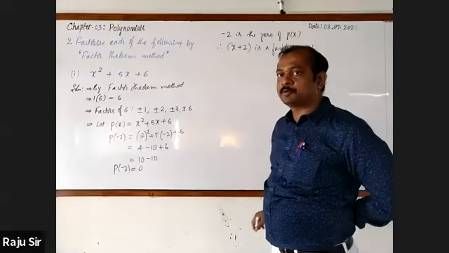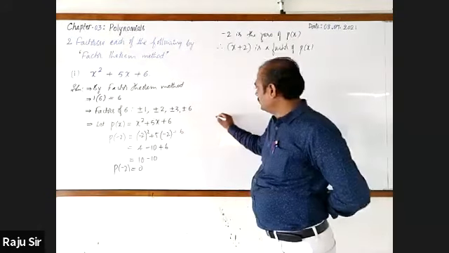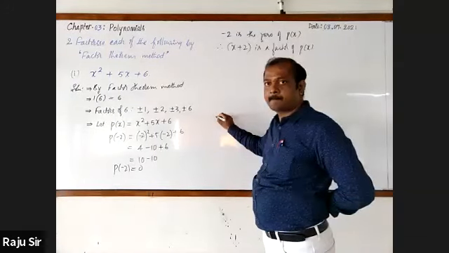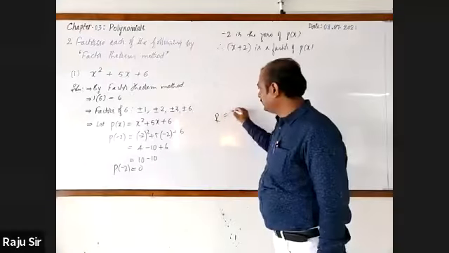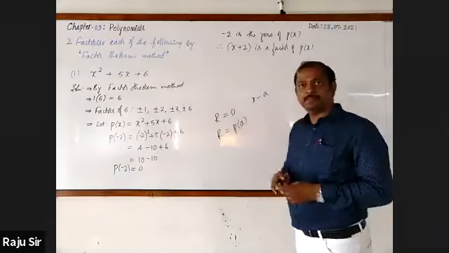I will give another example. We are very familiar with the factor theorem. If the remainder is 0, then x minus a is a factor. The remainder is nothing but p of a.